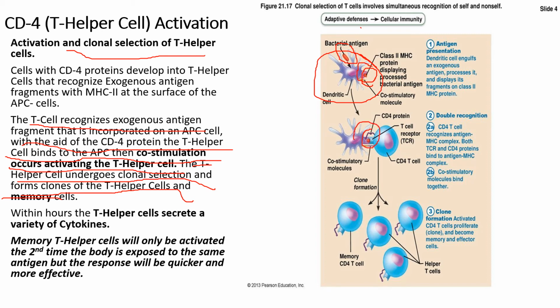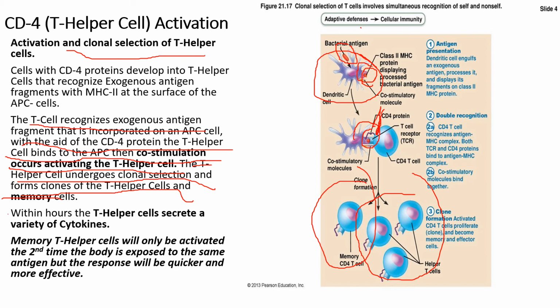And then that's going to trigger it to make clones. And also, there are co-stimulating molecules that are going to be affected. So without the co-stimulation, this wouldn't happen. And then you're going to make T helper cells that now are programmed for that specific bacteria. And you're going to have memory cells that only get activated later.